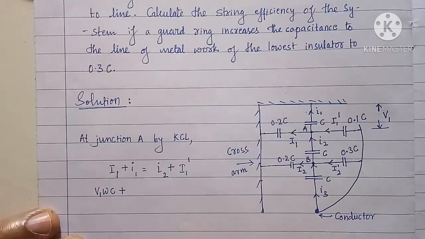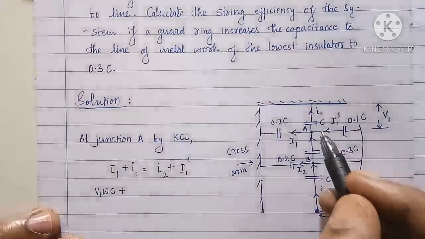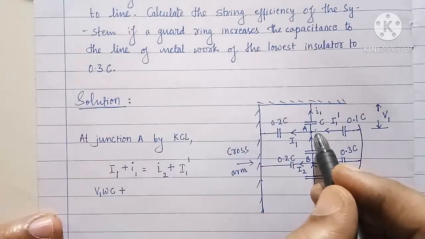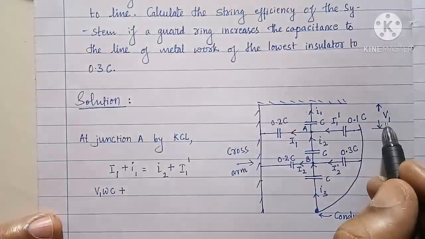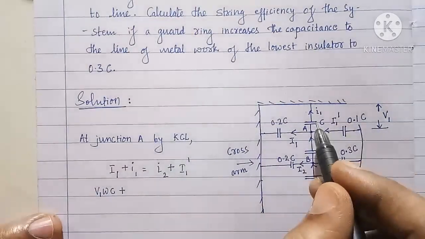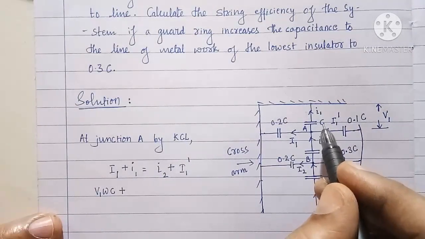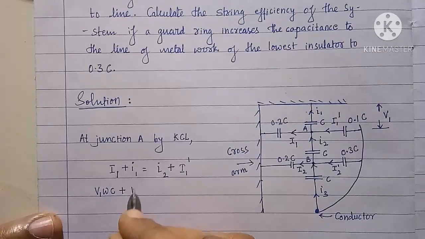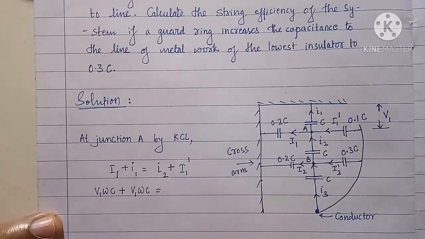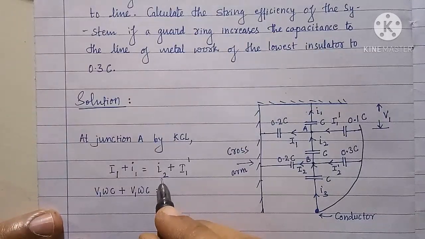plus current through capacitor C, which is voltage across capacitor C into omega C. Voltage across capacitor C is V1. So V1 omega C equal to I2.